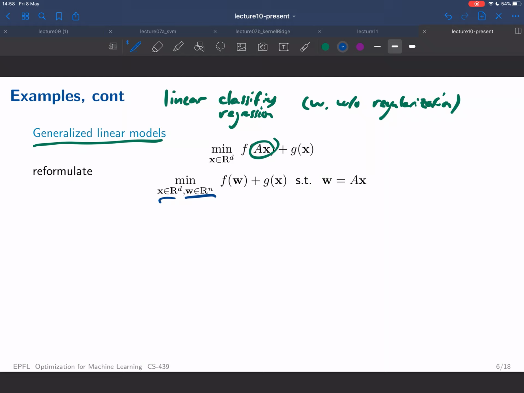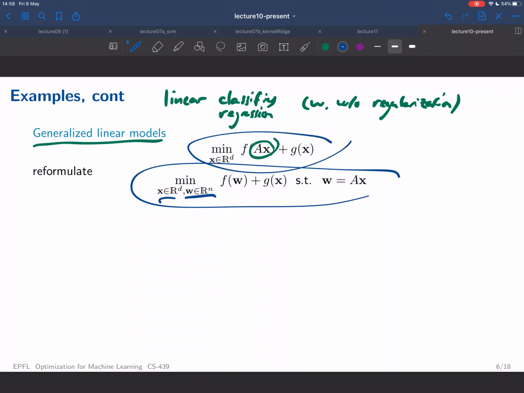Okay, so far nothing has happened. What have we done? We've just taken this very general formulation, f of the data A x plus g. The data term is usually the loss term. You're trying to fit the data. So think of f as the data fit, or the loss function, and think of g as the regularizer.